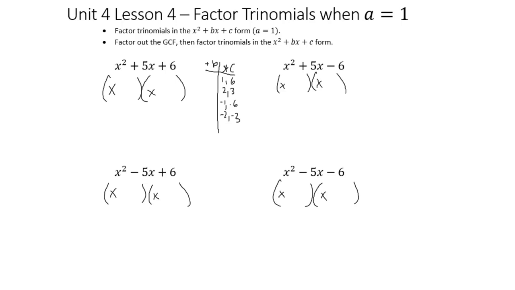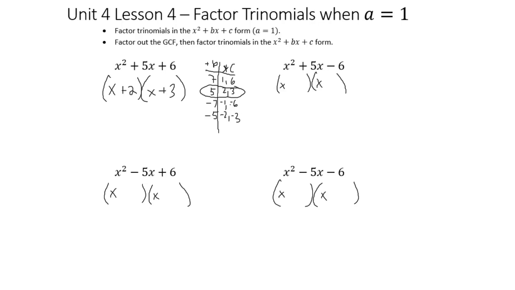When we add those together, we get 7, 5, -7, and -5. So for this one right here, we want these two: x plus 2 and x plus 3.